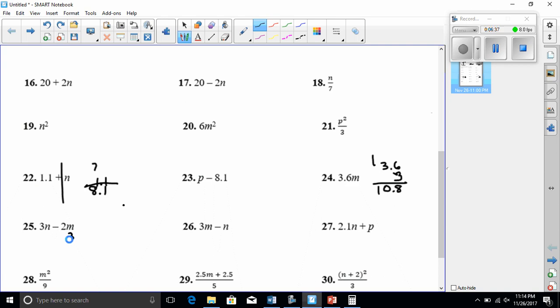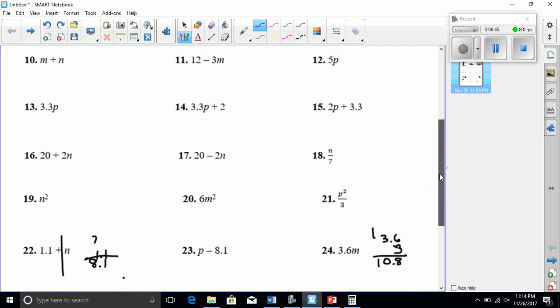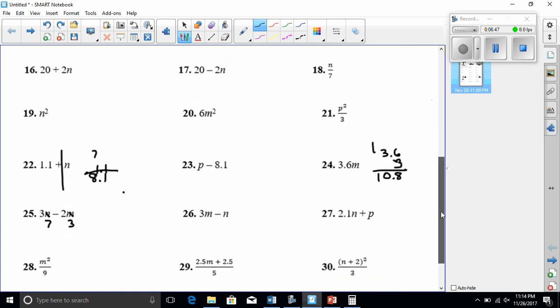So we scratch those out and make sure that n was 7 and m was 3. Very good. That's going to leave us 3 times 7, which is 21, minus 2 times 3, which is 6. And 21 minus 6 is going to give us 15.